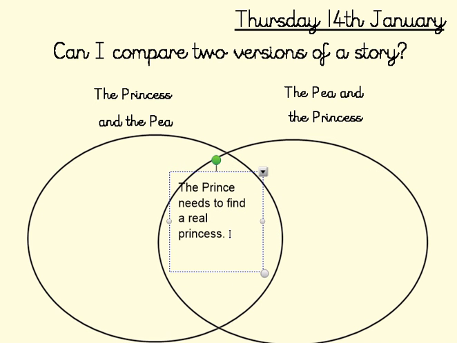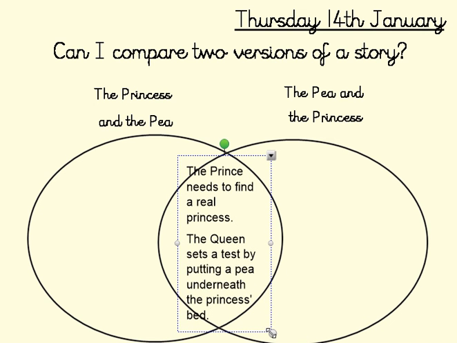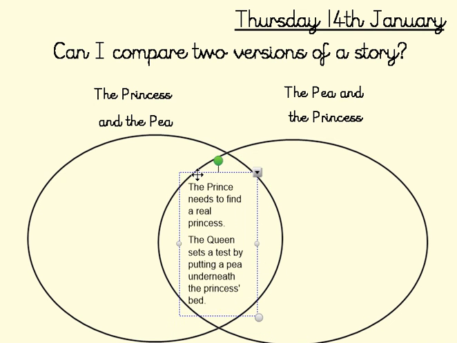Well, we could say that in both of the stories, the Queen sets a test by putting a pea underneath the princess's bed. Okay, I could think of lots more things that are the same, but I want you to think of some of your ideas as well to put in there.